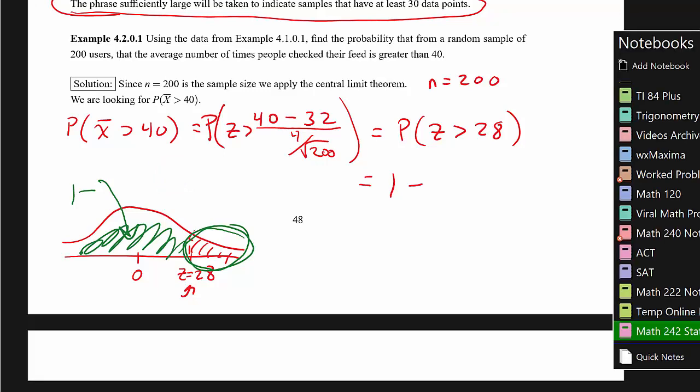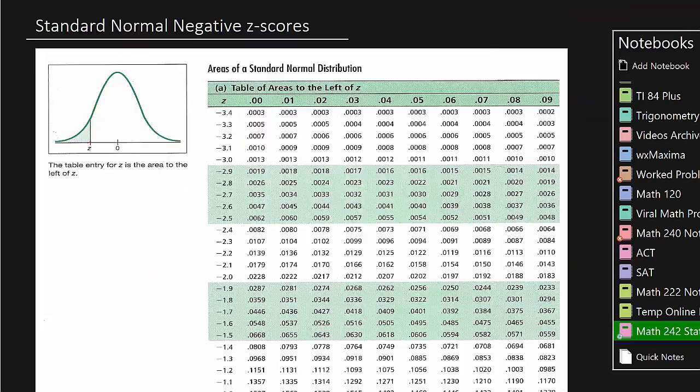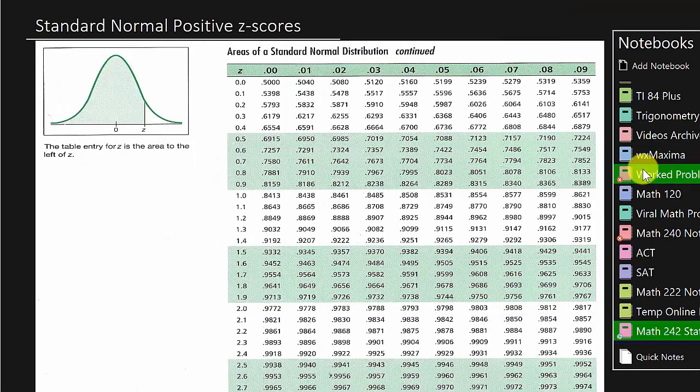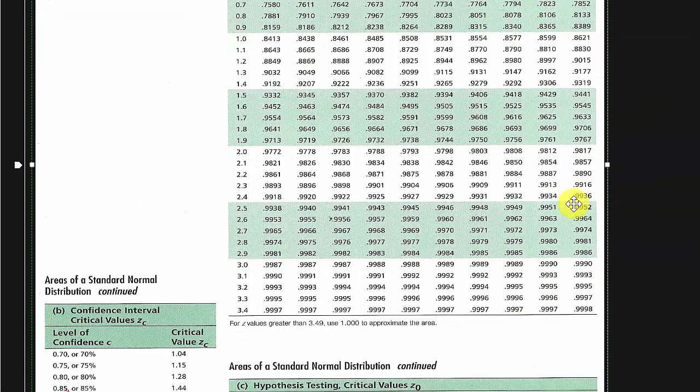When we look this up, you can see that there's no 28 on here. This table just goes up to 3.49. But if you notice down here, it says for z values greater than 3.49, use 1 to approximate the area.